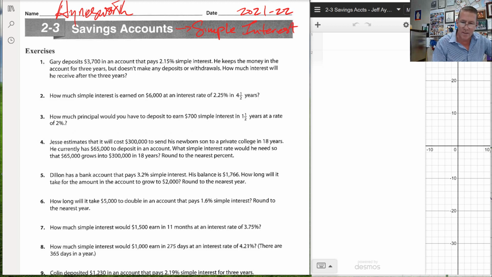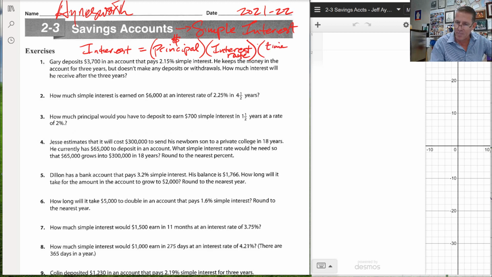When you calculate interest, and if it's simple interest, not compound interest, that's later on, you're going to be using the same formula every single time. Interest is always calculated by taking the principal, which is your starting amount in dollars, multiplied by the interest rate, multiplied by the time in years.